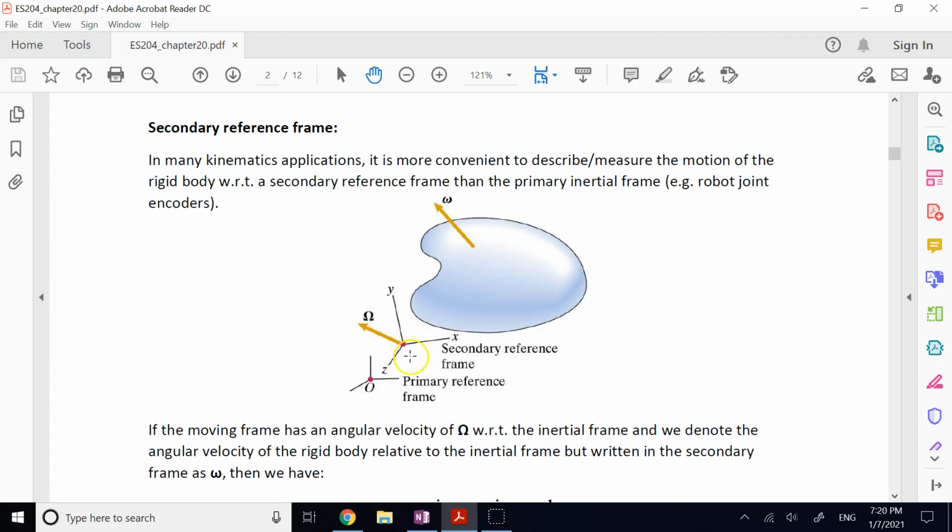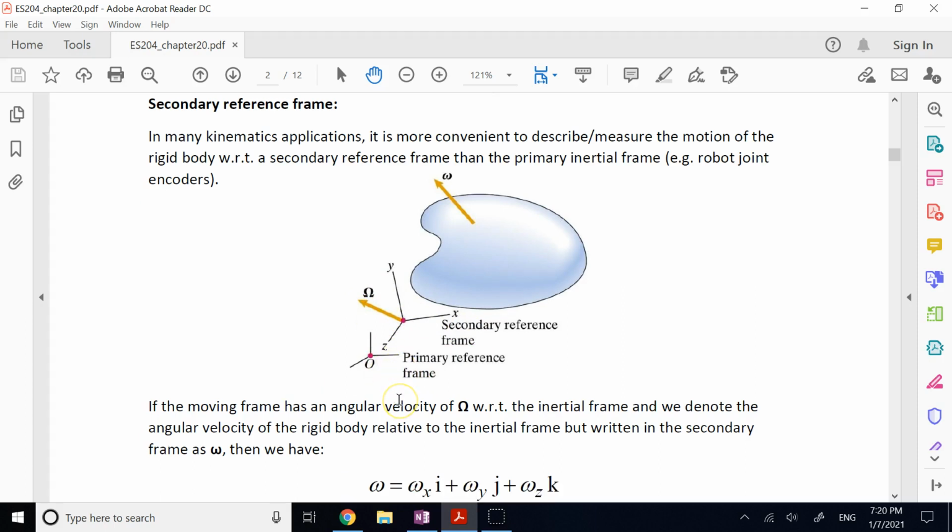So in this case, as I said, the secondary frame has an angular velocity of capital omega with respect to this primary frame. Okay? And then the angular velocity of the rigid body, small omega, with respect to the inertial frame, but written in terms of the axes of the secondary frame.